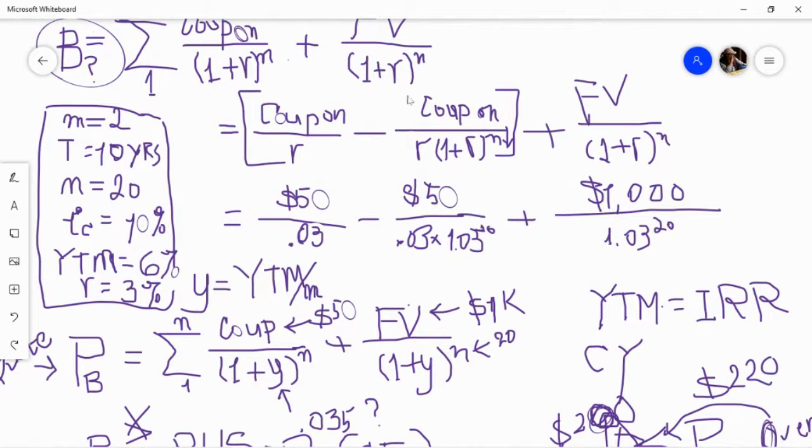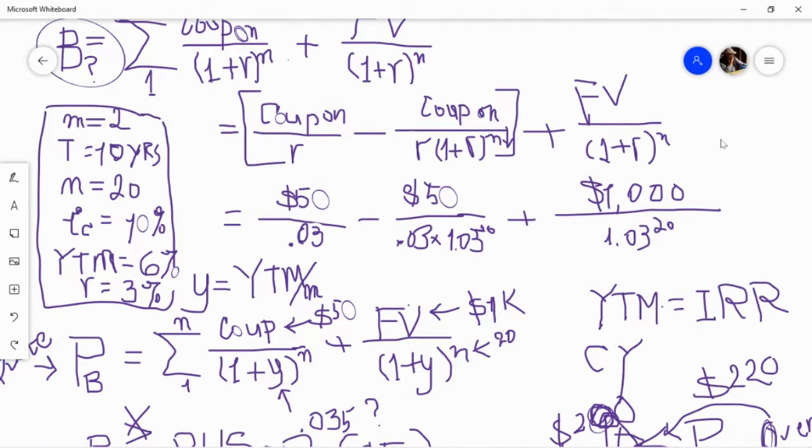So depending on what kind of discount rate we use, think about it, if the discount rate is too high, then the intrinsic value will be low. If the discount rate is too small, then this will be too high.